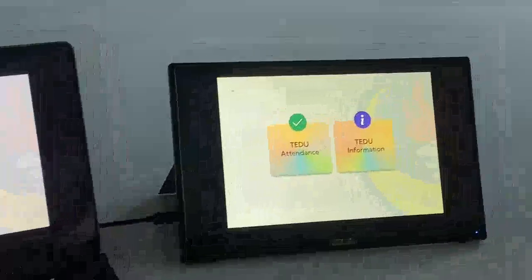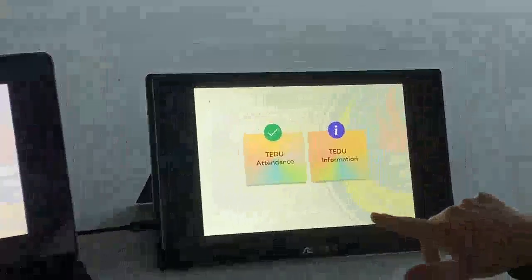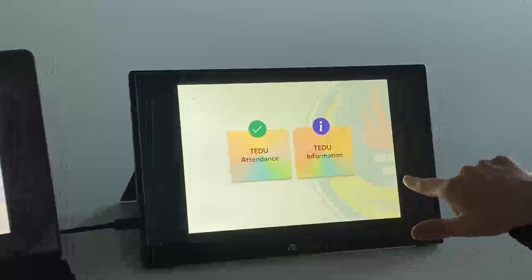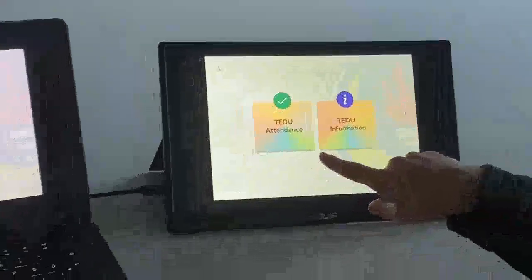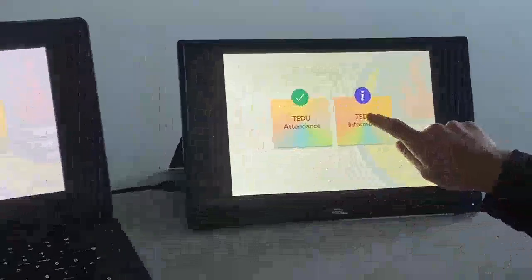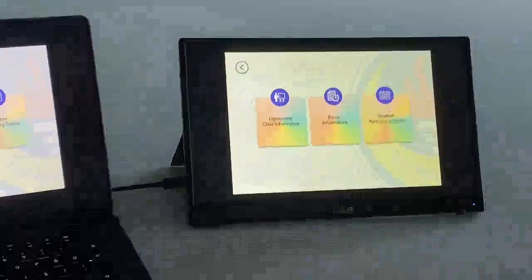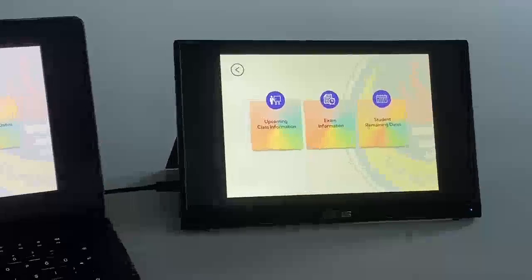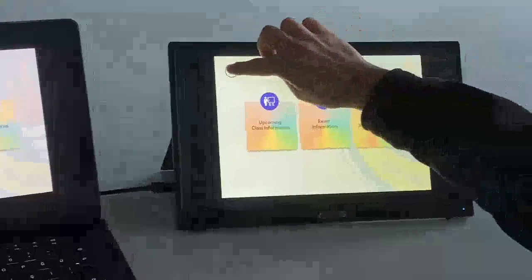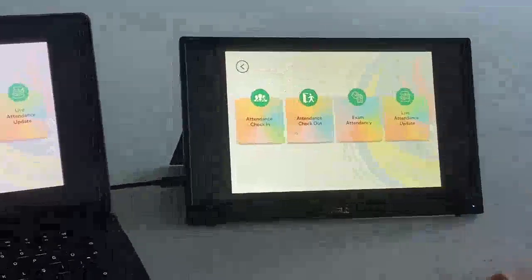I don't know, at that point I am in between, because it is information about the attendance, and I don't know, let me check. No, it's not. Attendance.